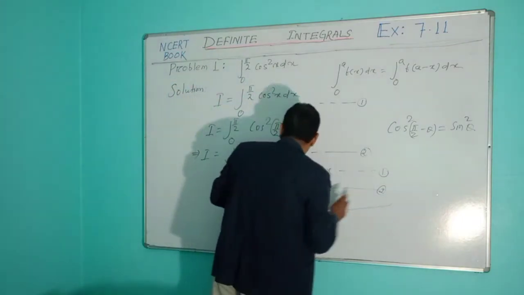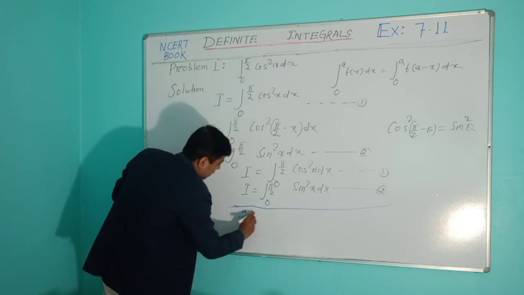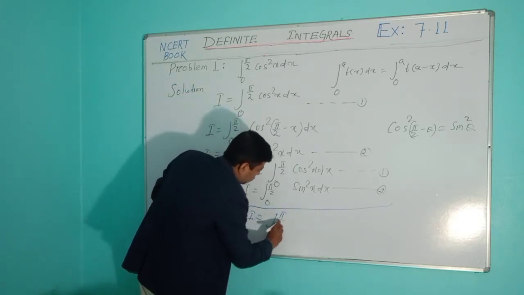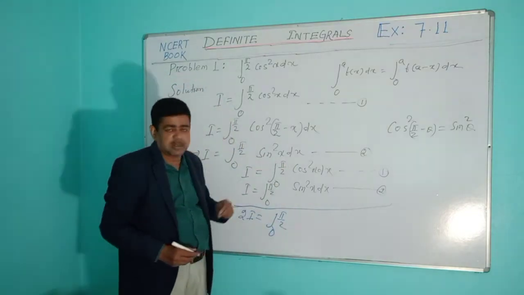After adding equations 1 and 2, I plus I, that is 2I, is equal to the integration of 0 to pi upon 2 cos square x dx plus the integration of 0 to pi by 2 sin square x dx.